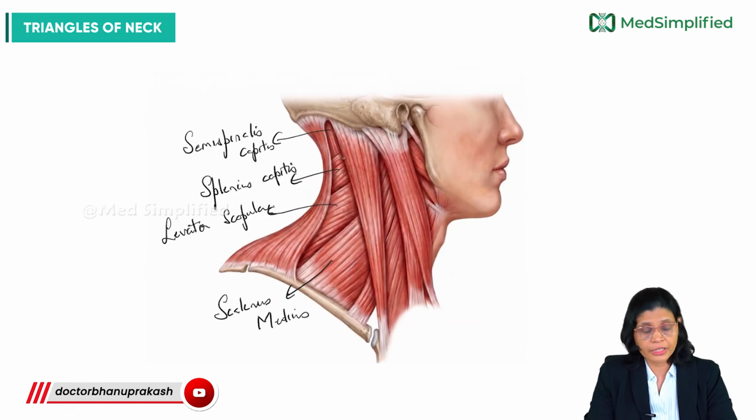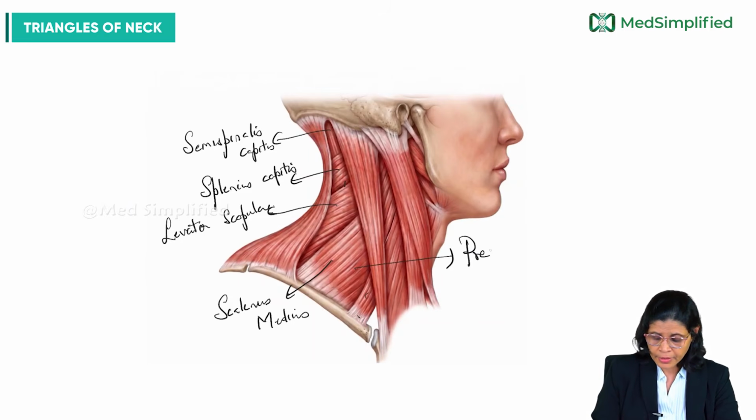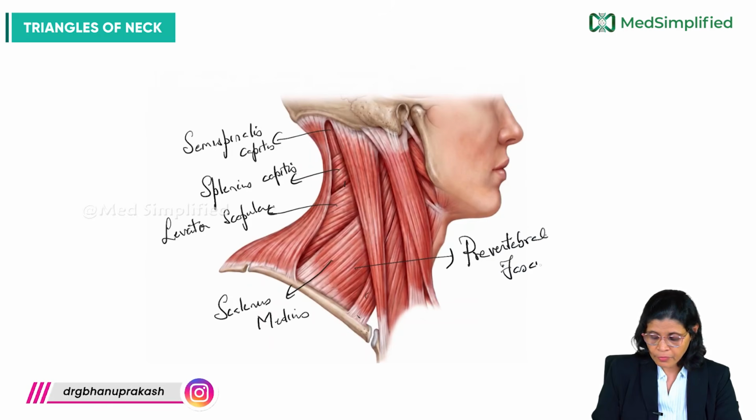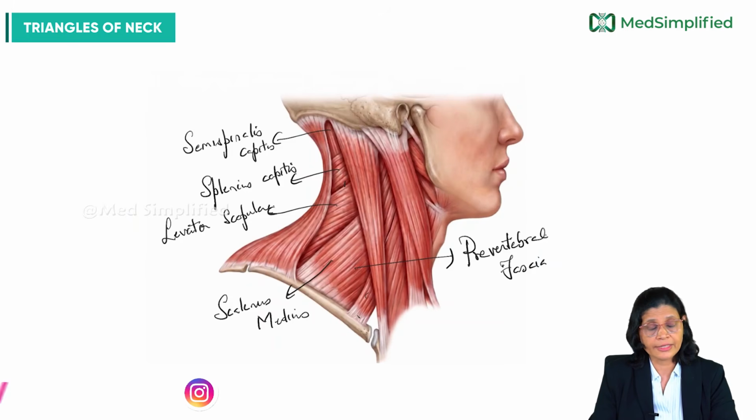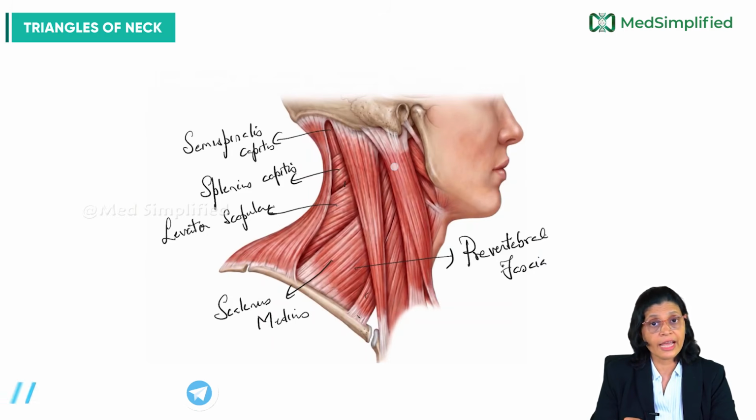Because the prevertebral fascia covering these muscles will form the axillary sheath downward, covering the subclavian artery as well as the brachial plexus, the trunks which begin from the root of the neck and run towards the axilla through the cervicoaxillary canal. So this fascia will extend down as the axillary sheath.